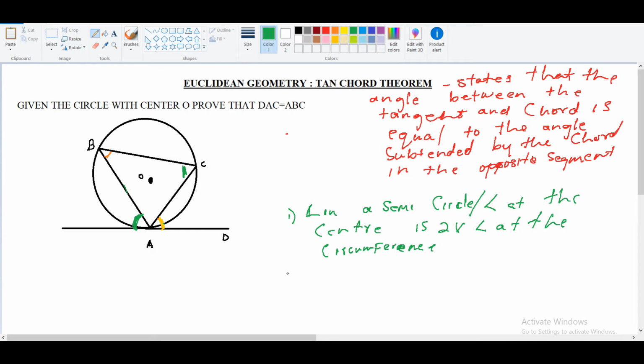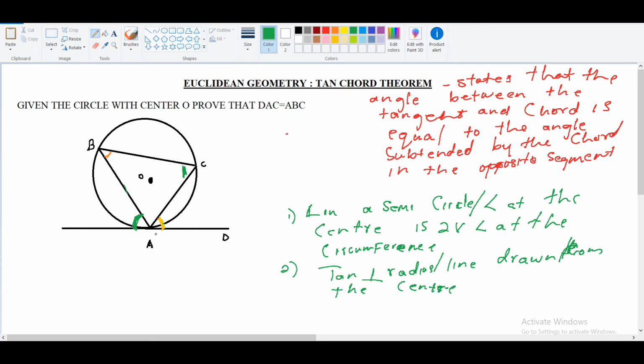The next one, we need to know already that if you have a line that is drawn from the center, that line will be perpendicular to your tangent. So that is another theorem that you need to know in your mind. Tangent is perpendicular to radius, or line drawn from the center, right?